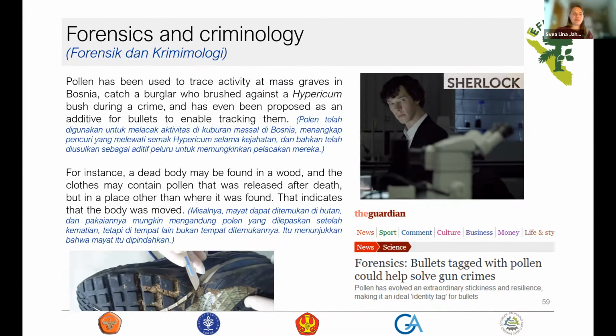One example also is how pollen has been used to trace activity in illegal mass graves in Bosnia. The people were buried separately, but originally they were buried in a mass grave, which was made in a wheat field. So on the bodies there was pollen from wheat.